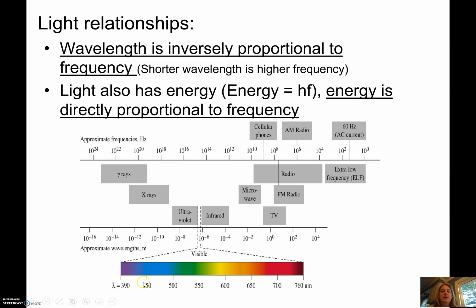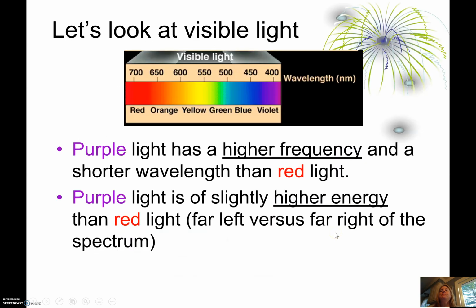Then here we have the visible spectrum, which is kind of in the middle ground. And then when we get down here to lower frequencies and much longer wavelengths, we get down into, oh, there's your cell phone. There's radio waves, microwaves. These all have low energy because they have a low frequency and a long wavelength.